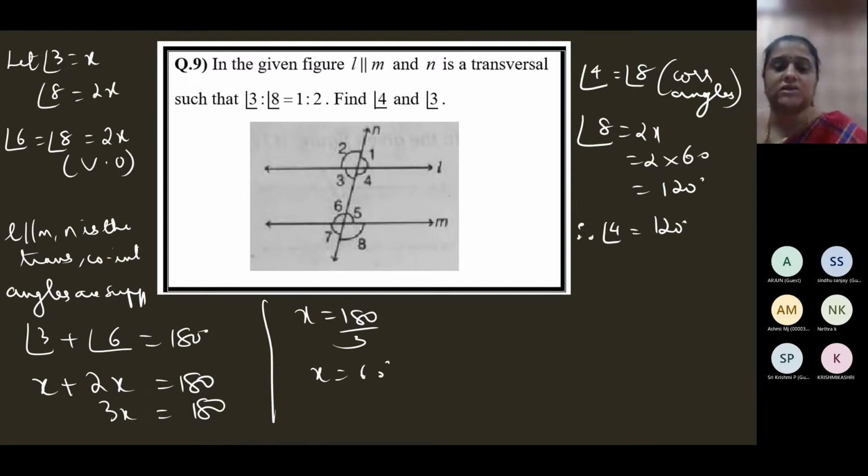Now angle 3. 1 and 3 are vertically opposite angles.